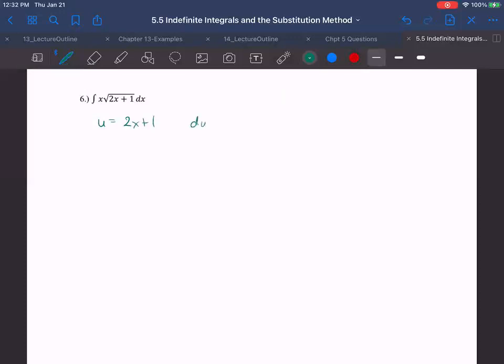You get du equals 2 dx, right? And so then we get that dx equals du over 2. And so we come back down here and we have x times the square root of u, right? Times du over 2. And then we say, uh-oh, right? The x's don't cancel.